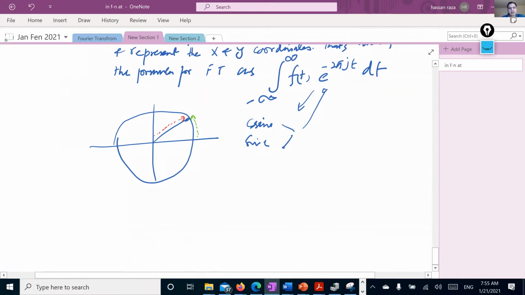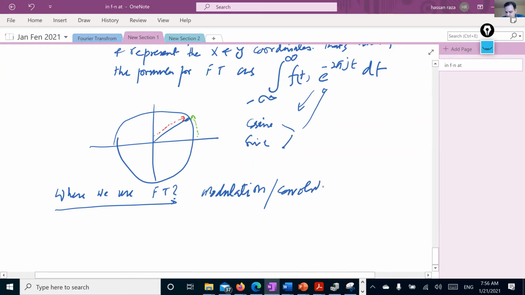Then we talked about where we use Fourier transform. I told you that the big uses in network communications are modulation. And whenever we write modulation, convolution comes, because we multiply two functions, f of t and g of t, in time domain, and we do convolution of these functions in frequency domain.